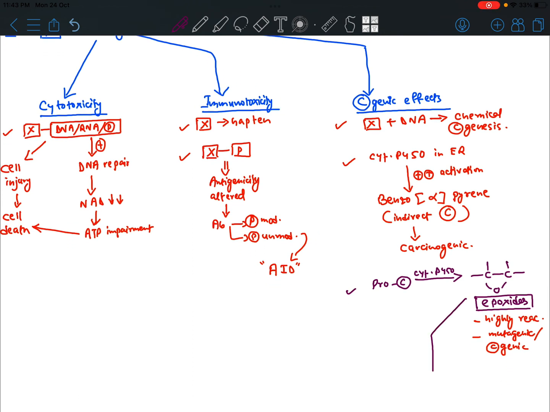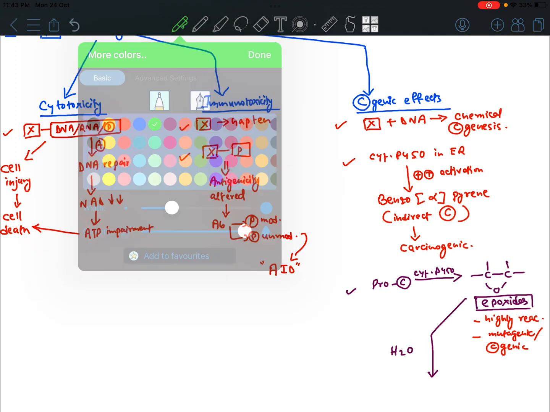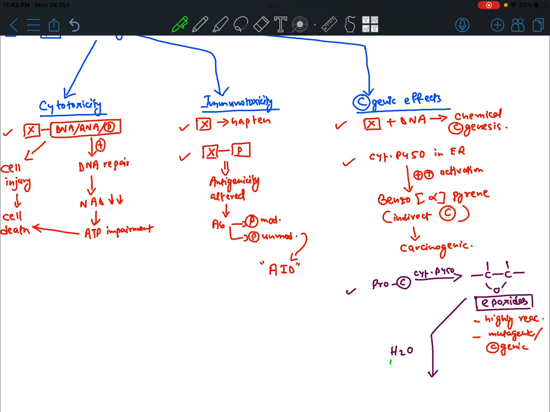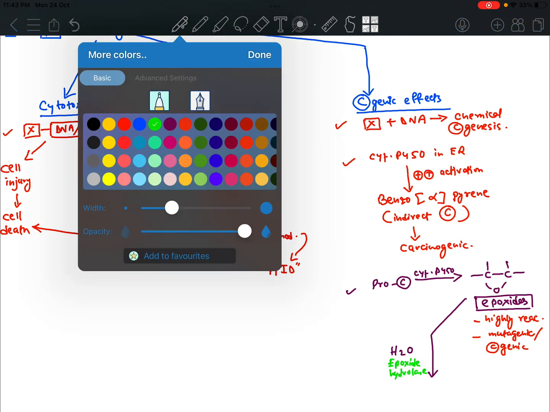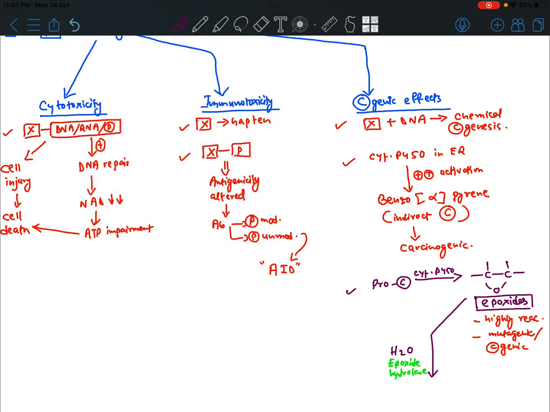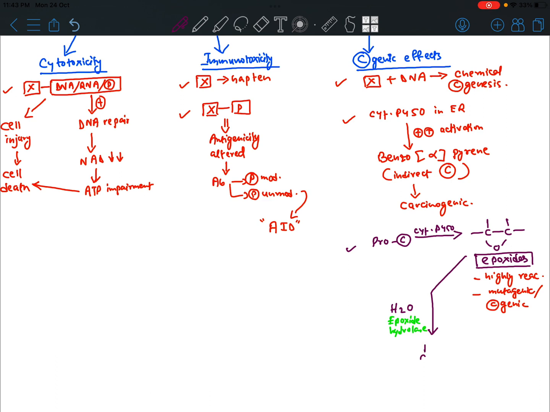Now these epoxides react with water and the enzyme epoxide hydrolase, pretty obvious, and we get dihydrodiol. The ring breaks, and this is dihydrodiol.